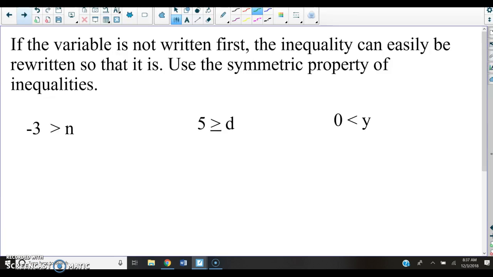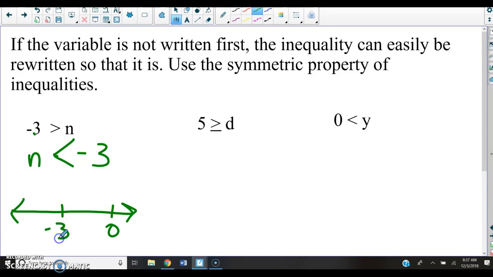I always switch it. The symmetric property of equality and inequality lets us reverse our inequality or equation. Okay? So n and -3 are still being compared. If 3 is greater than the number, then the numbers are less than -3. So when you reverse it, notice that the arrow, the inequality symbol, is pointing at the same quantity.